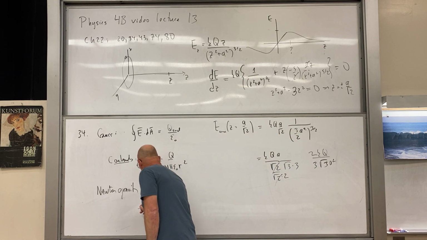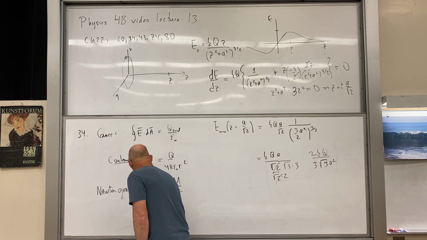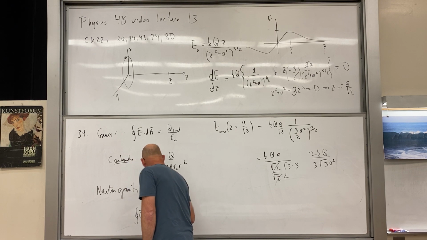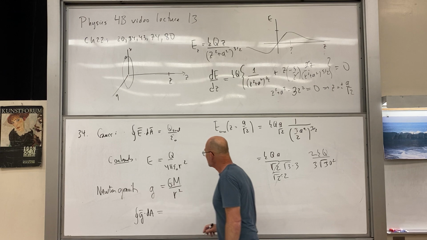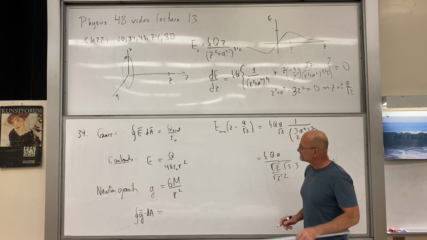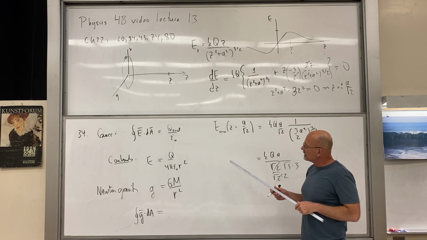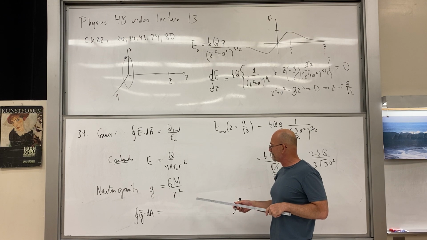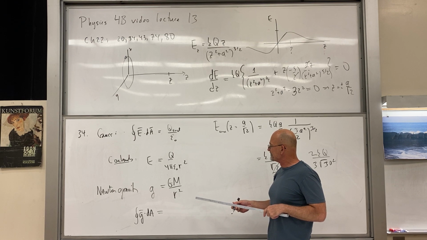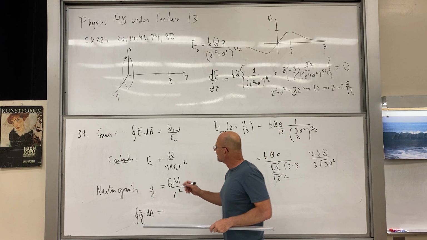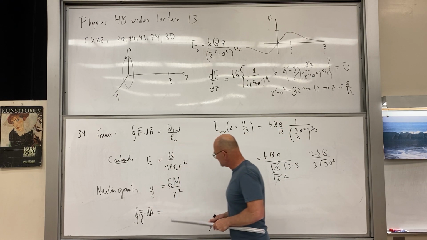So you're going to have the integral of g dot dA, and on the right side, you're going to have the area vector here.